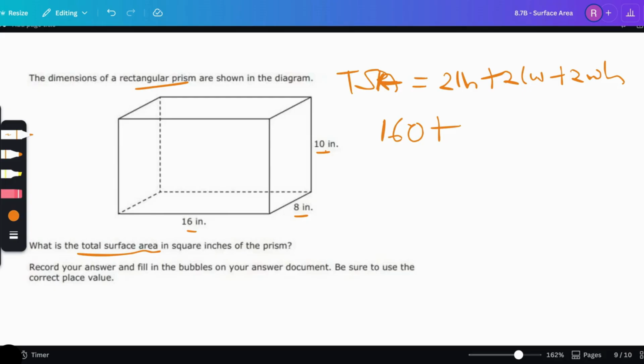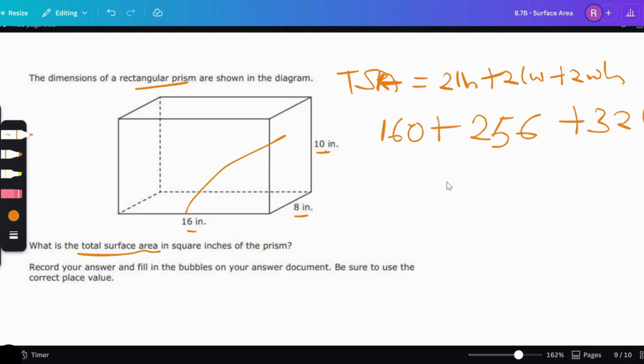So we have 2 times 16 is 32, times 8, that will be 256. And then lastly, let's take 16 and 10. 2 times 10 is 20. 20 times 16 is 320.